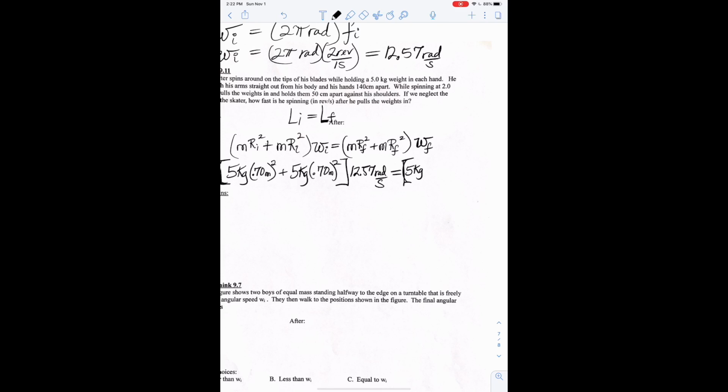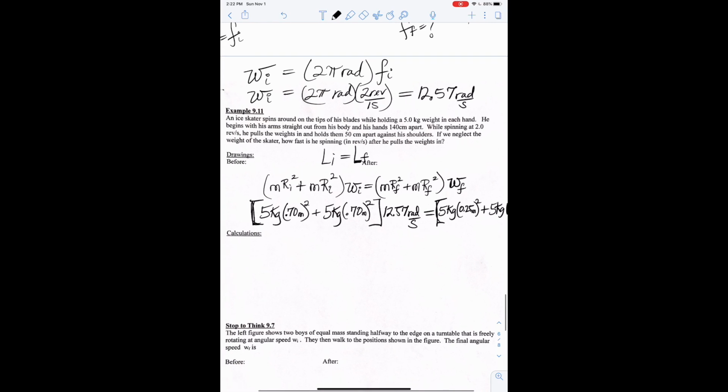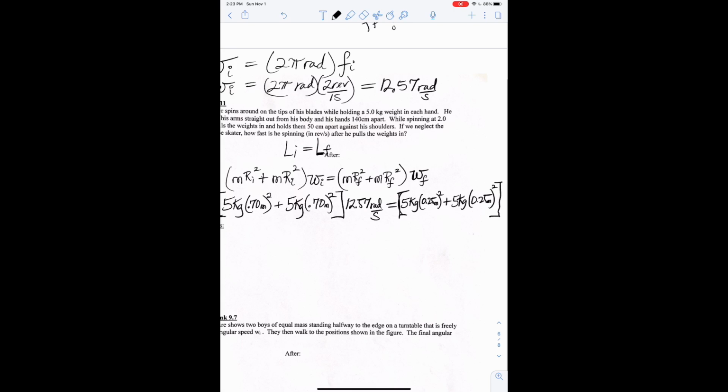I'm going to use brackets again. This was 0.25, I believe. And then this whole mess over here is multiplied by omega f. I just don't have room there, so I'll just draw an arrow, and there's supposed to be an omega f there. Okay, let's make this look a little nicer.